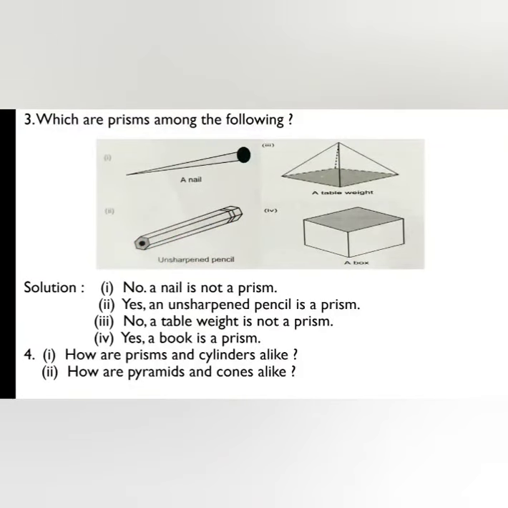Now question number 4. How are prisms and cylinders alike? And another, how are pyramids and cones alike? Meaning you have to say how prisms and cylinders are similar to each other, and similarly how pyramids and cones are similar to each other.